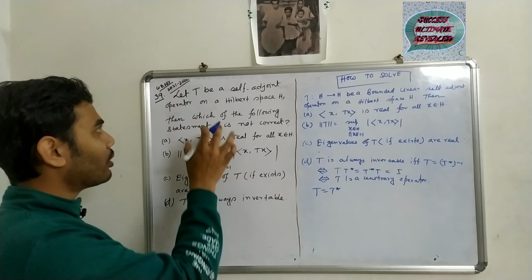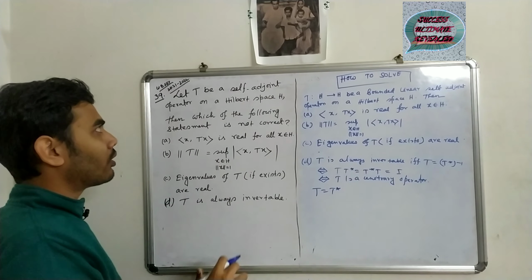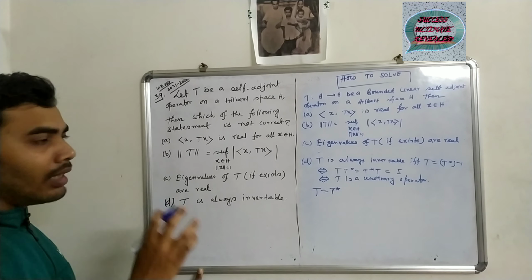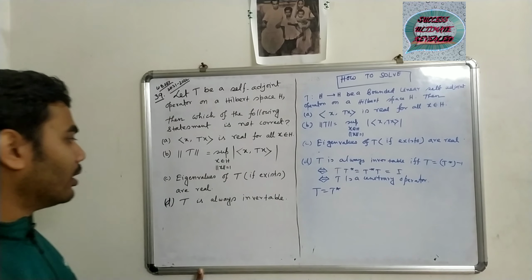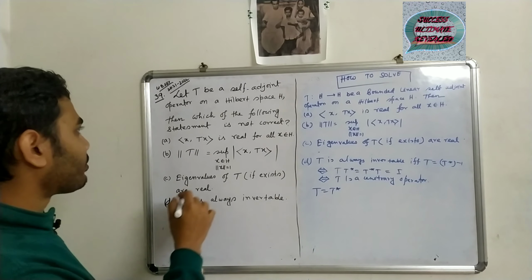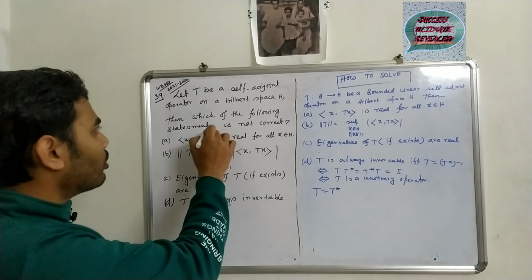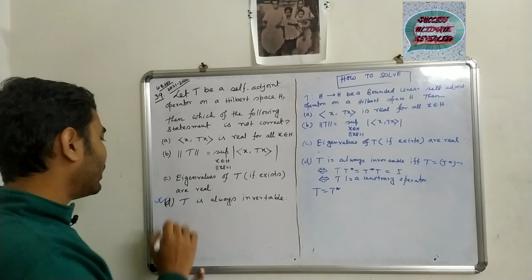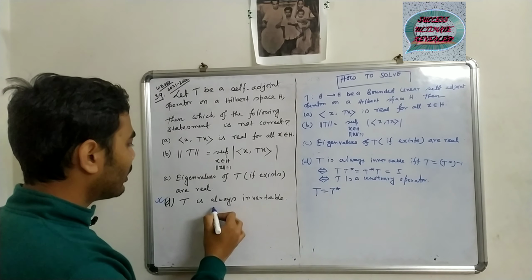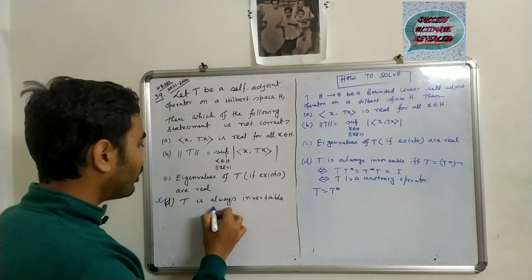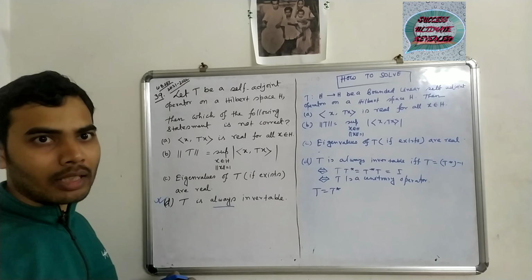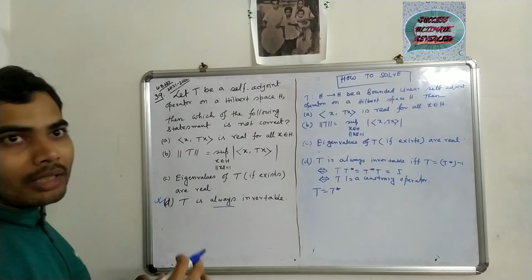But here T is a self-adjoint operator on the Hilbert space capital H, so T may or may not be invertible. The problem asks which statement is not correct, so this statement is incorrect. Why? Because the statement says that T is always invertible. So from here we conclude that T is not always invertible. T may or may not be invertible.